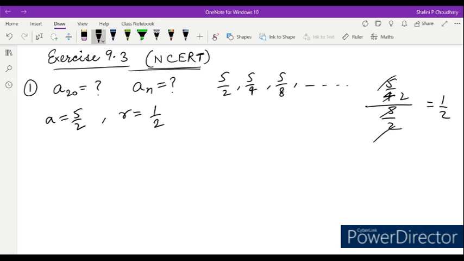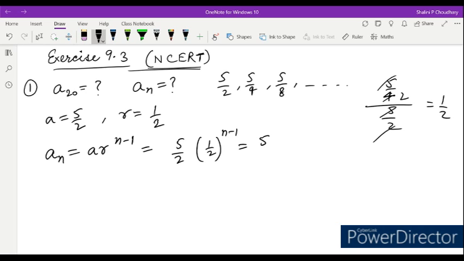Now we have to find out an, and an will be equal to a r to the power n minus 1. A is 5 upon 2, and r is 1 upon 2 to the power n minus 1.